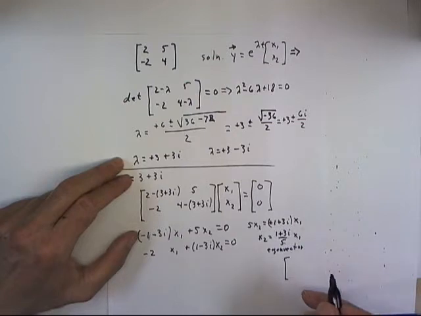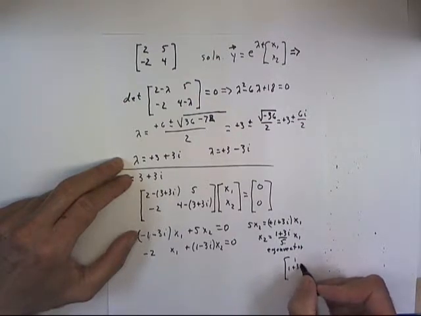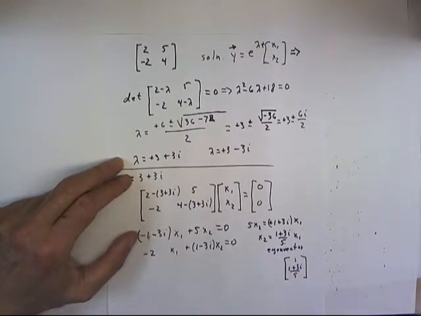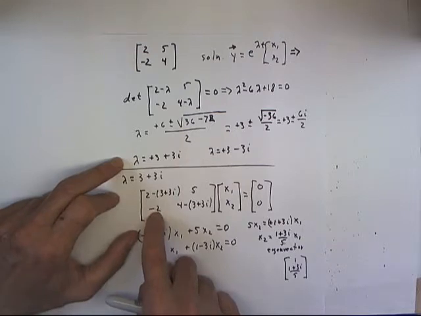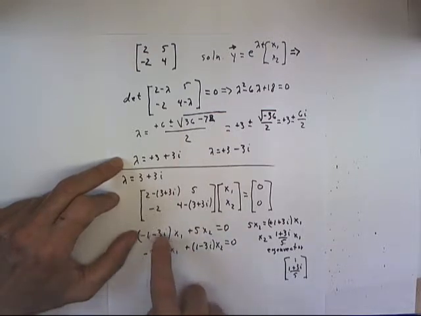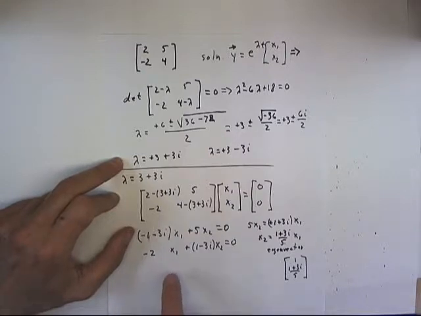If we let x1 equal 1, we get the eigenvector 1, 1 plus 3i over 5. Now, does this equation give us the same eigenvector? If this equation is a multiple of this one, and if the eigenvalue solutions are working the way they did with real coefficients, then this equation should give us the same identical solution. So let's just check it out and see if it's so.